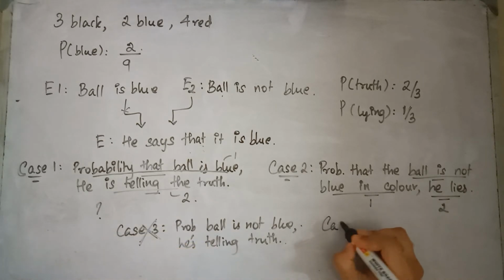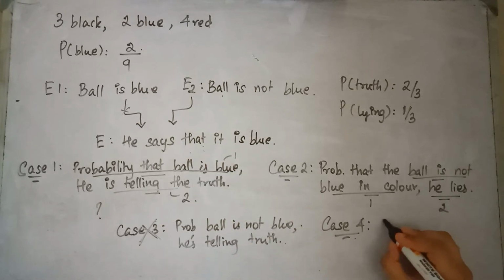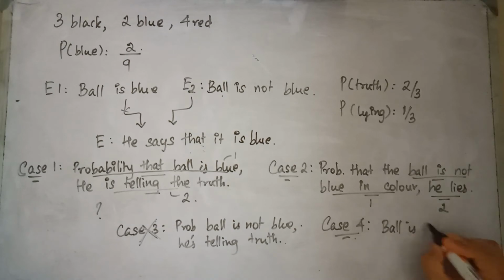Likewise, we have another case which is not even in the sample space and it's not even possible. And that is, the ball is blue and he's lying. If the ball is blue and he's lying, then he should have said the ball is red or ball is black. He would not have said that the ball is blue.